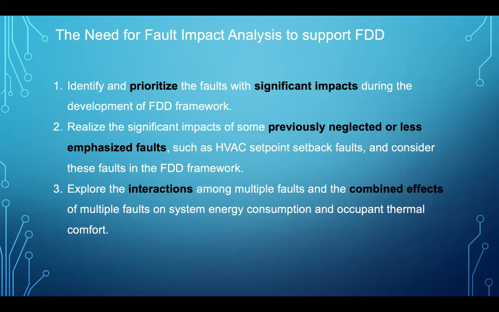Second, it can also help researchers realize the significant impacts of some previously neglected or less emphasized faults, such as HVAC set point setback faults, and consider these faults in the FDD framework. Third, there's a need to study the interactions among multiple faults and the combined effects of multiple faults on system energy and occupant thermal comfort.